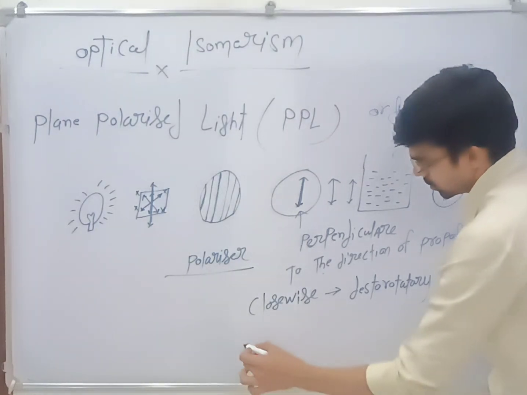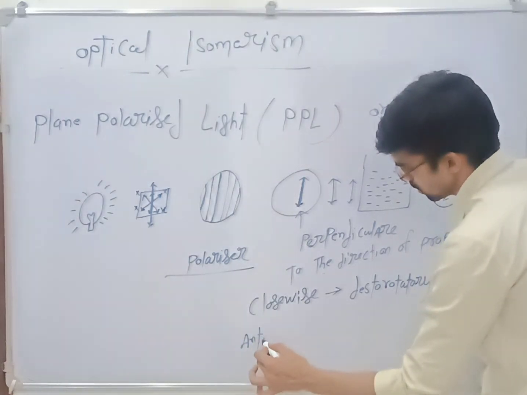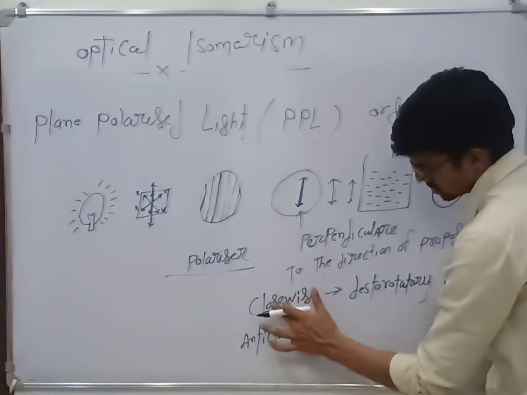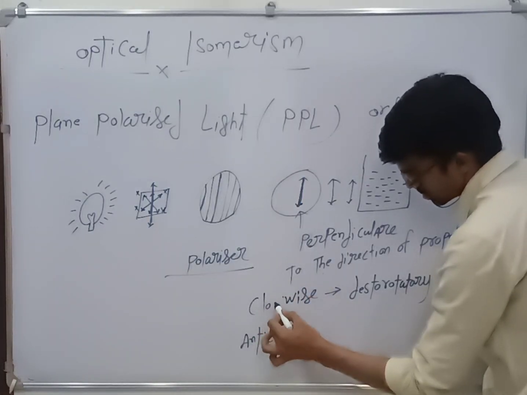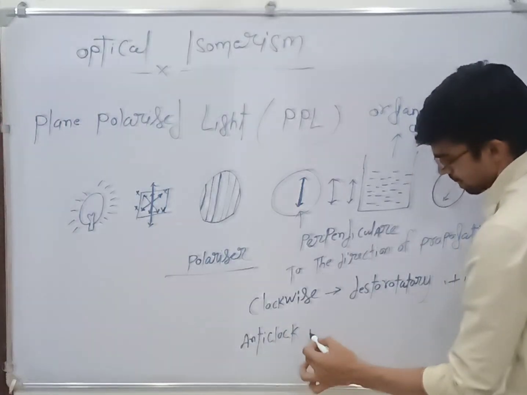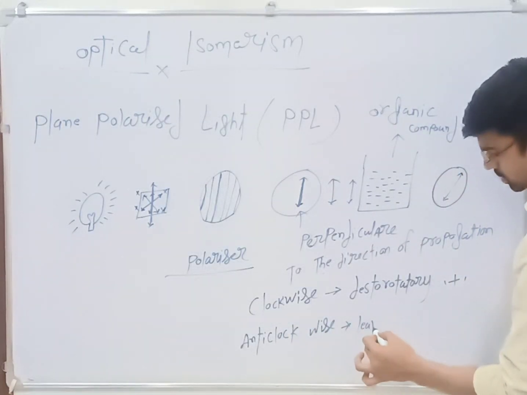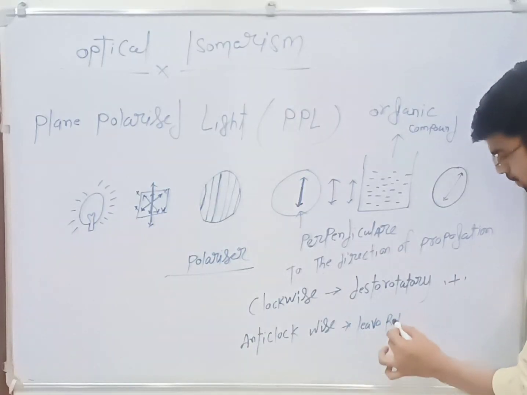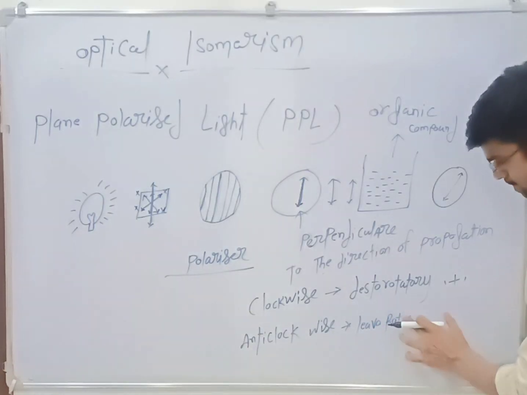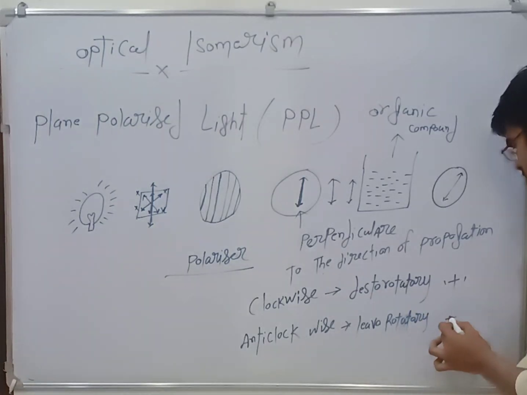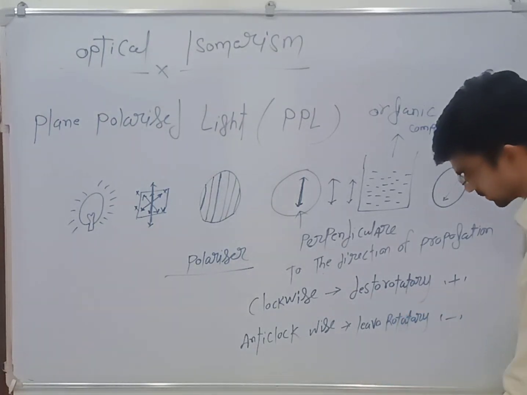Or if they rotate the light in anti-clockwise direction, they are called levorotatory, or denoted by minus sign.